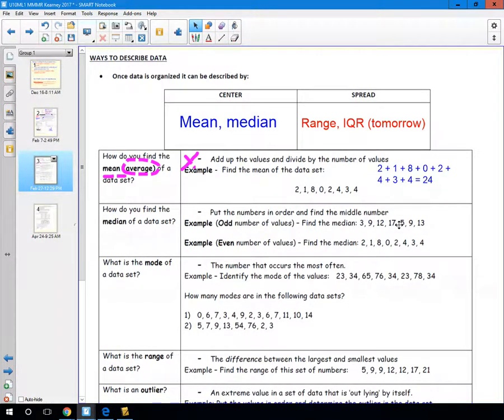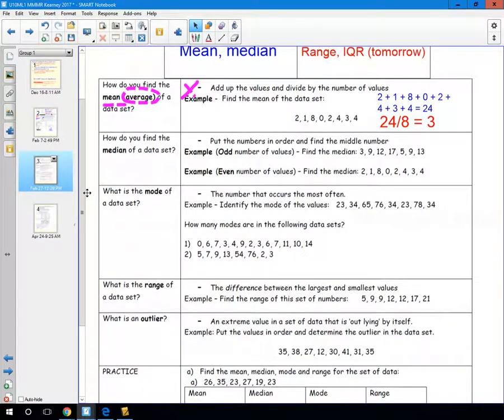But 24 is not my average. It's not my mean. So then I'm going to take 24, and I'm going to count up how many numbers I have. I have 1, 2, 3, 4, 5, 6, 7, 8, and I'm going to divide 24 divided by 8, and I get 3. Okay? So that's mean. To find the mean, you're going to find the average. You're going to add them up and then divide by how many numbers. Okay?